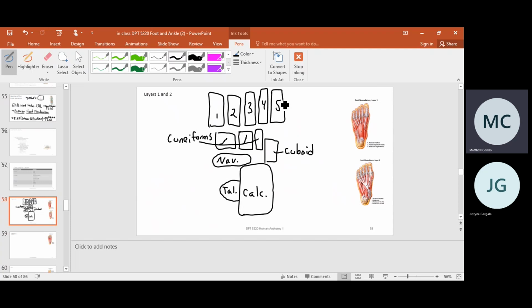Okay, so layer 2 is only going to have 2 different muscles, and they are 2 super duper great important muscles. The first one is going to be called Quadratus Plantae.